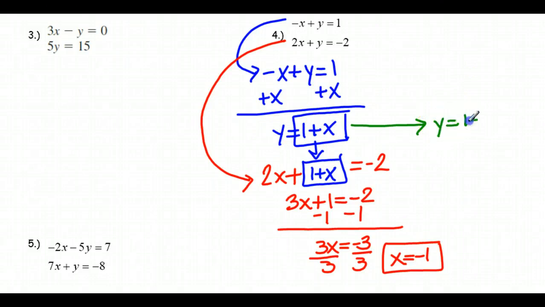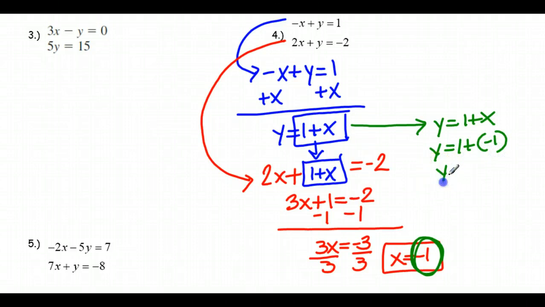So y equals 1 plus x. But now I know that x is negative 1, so I can write y equals 1 plus negative 1, and y equals 0. So our solution to this linear system is negative 1, 0.